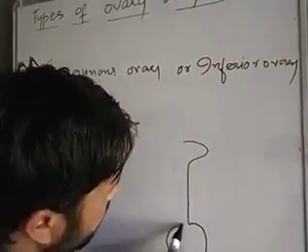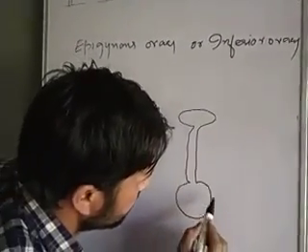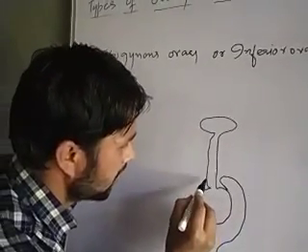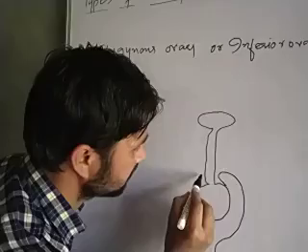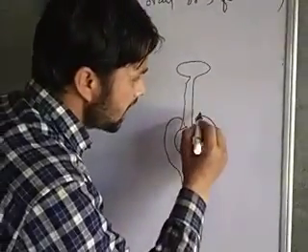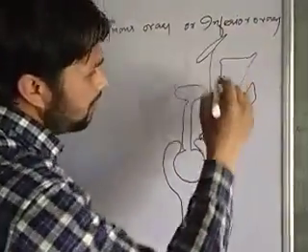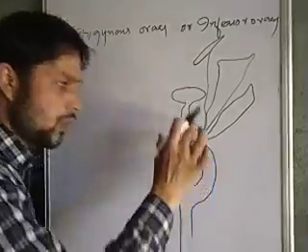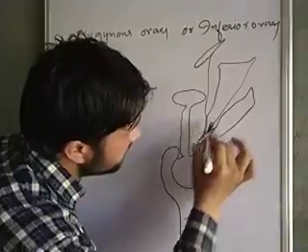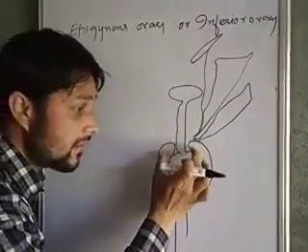Again, I am going to draw the diagram and show you. In this, the thalamus gets fused, and different floral appendages arise from above the ovary. If this is the ovary, they are arising from here, and this thalamus is totally covering this ovary.